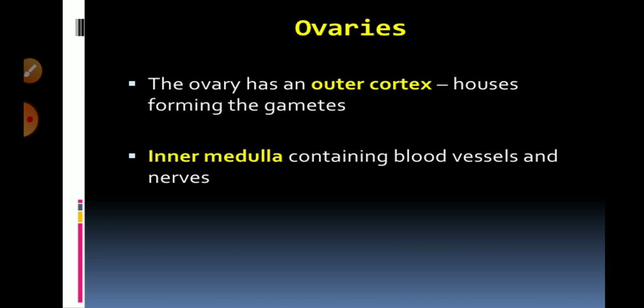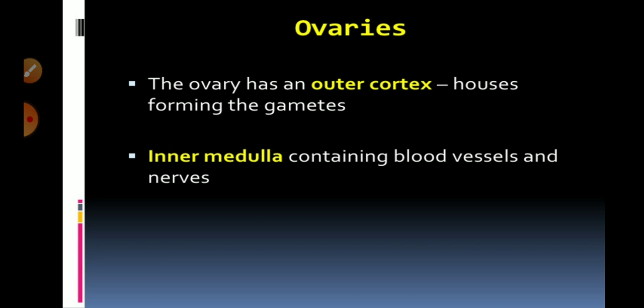Dear students, first we will talk about ovaries. Ovaries are two, present on both sides of the abdomen, below the chest cavity, and they are also called female gonads, and they produce ova and hormones.